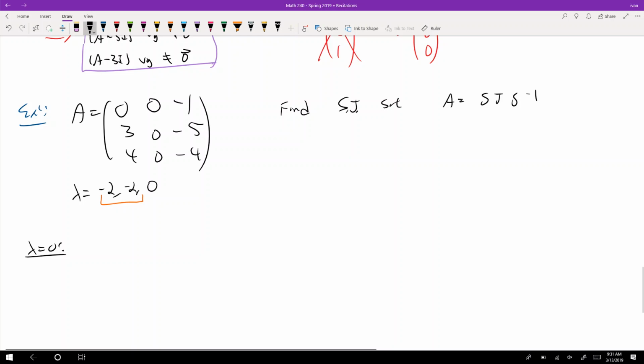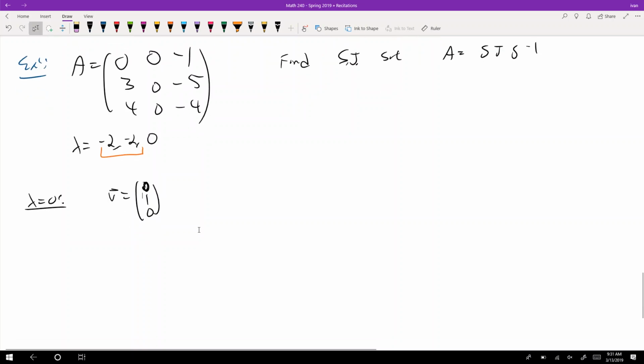Are we okay with that? So for lambda equals 0, we just get V equal to 0, 1, 0. This is because A minus 0I is equal to A, so we don't have to rewrite the matrix.